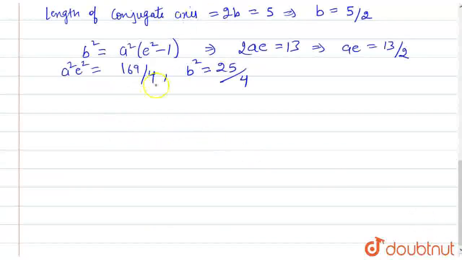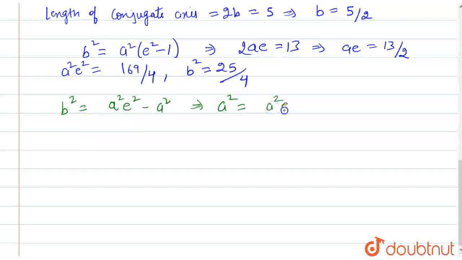So we will put the values in the formula b square equal to a square e square minus a square. So a square will be a square e square minus b square. So a square e square is 169 by 4 minus 25 by 4, which will be equal to 144 by 4.